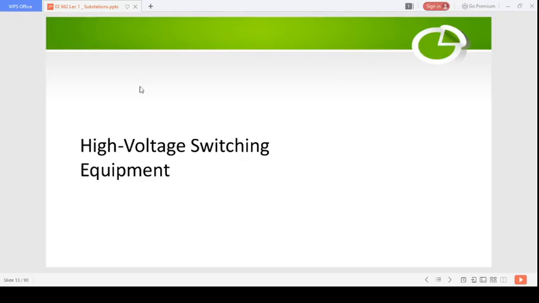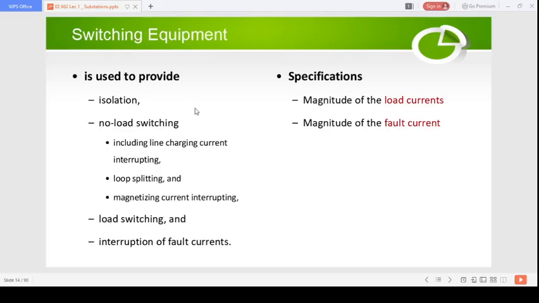Today we are going to look at the high voltage switching equipment. We will take the different equipment one by one and discuss them. These switching equipments are used to provide isolation, or we can categorize them as no load switching and load switching.